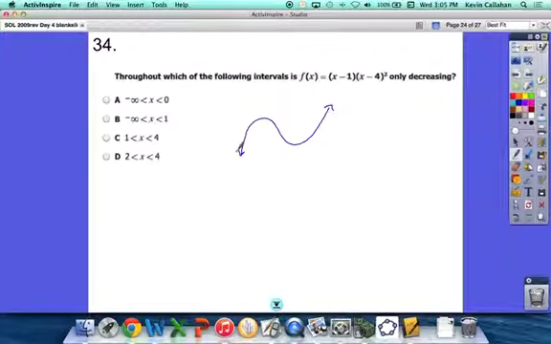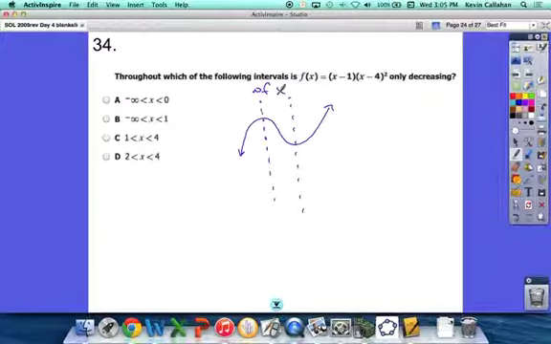When we talk about where it is increasing or decreasing, we're talking about the x values. These are intervals of x, right? So we're going to have to find the x values on the left and the right side of where it is going down. This one is asking for decreasing.